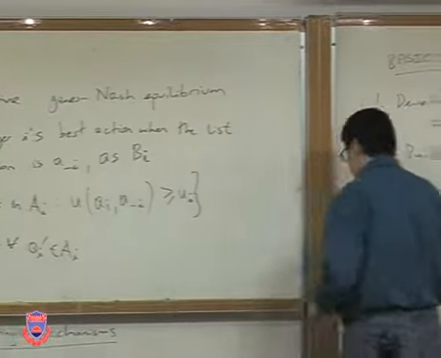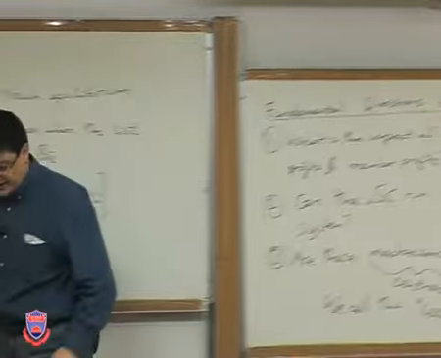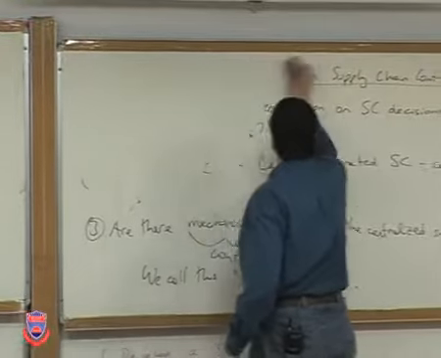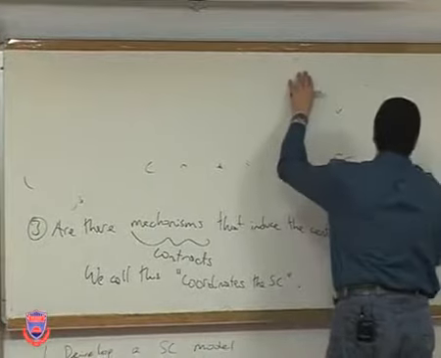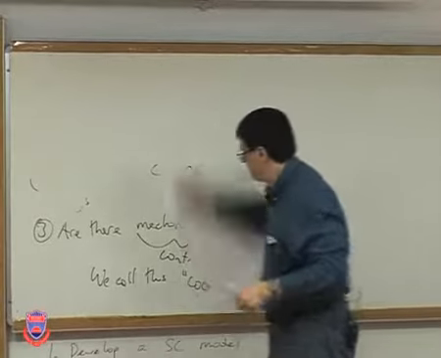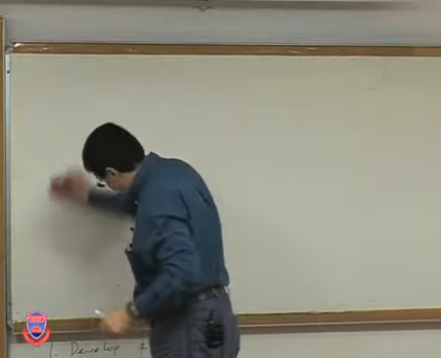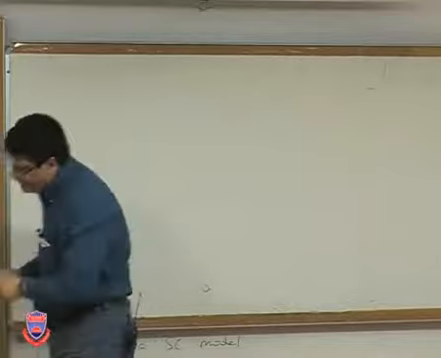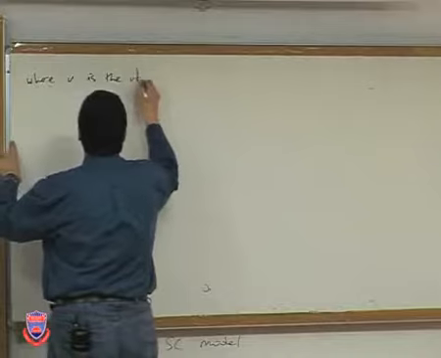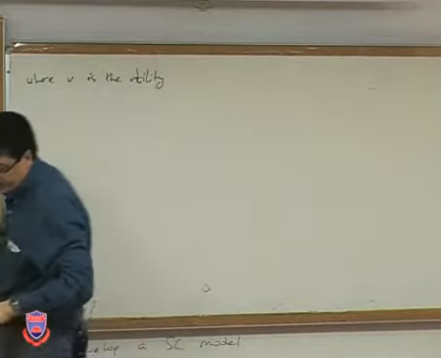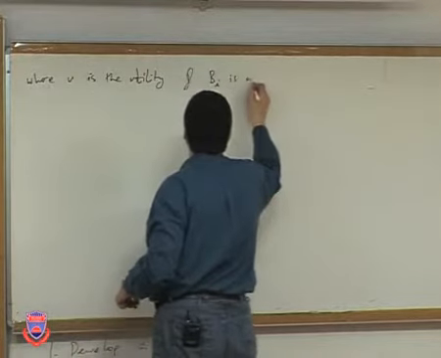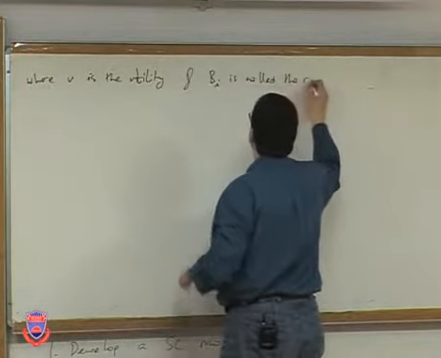Here in this case, let me give some explanation, where u is the utility and b sub i is called the response function.